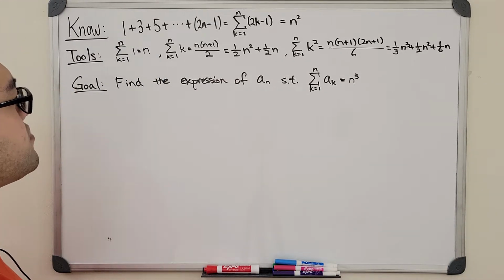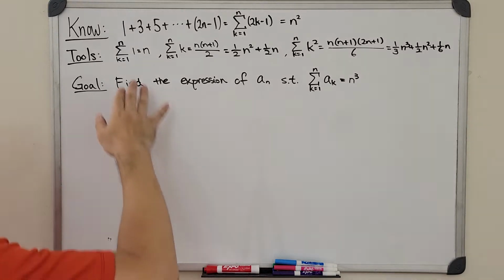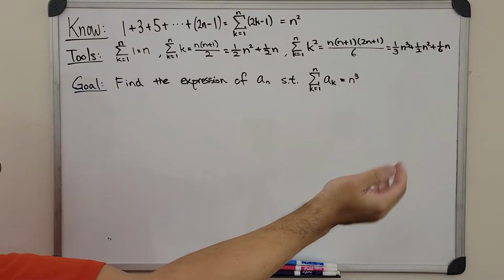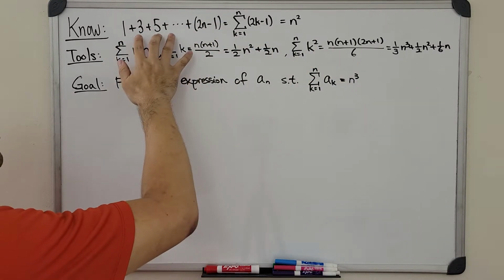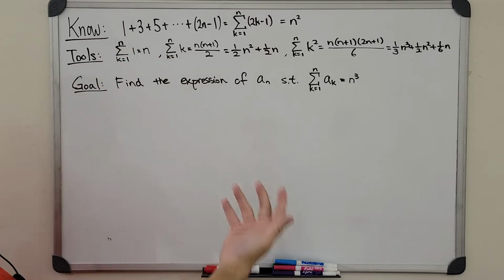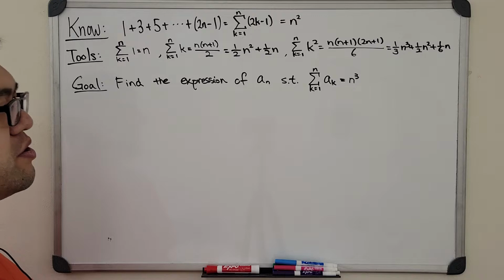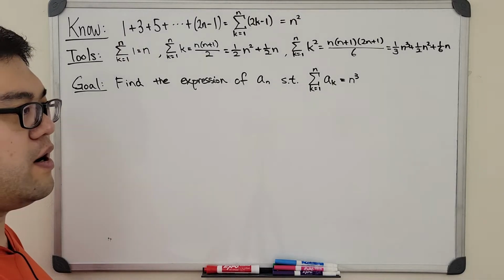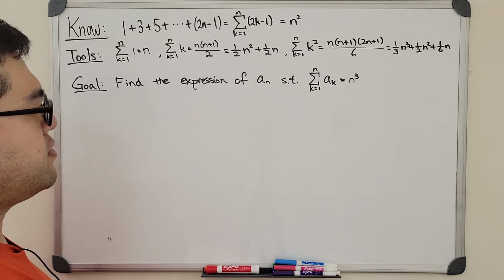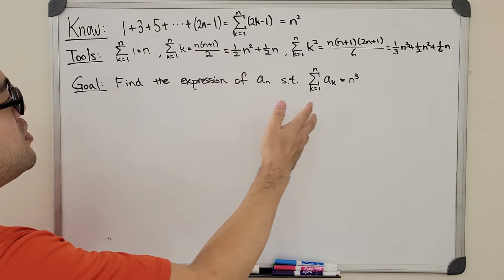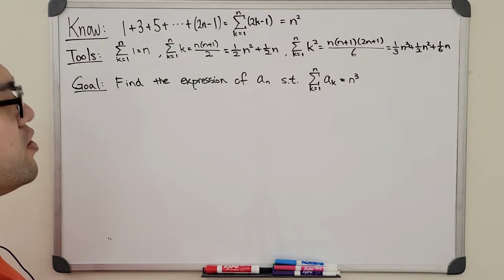All right, and of course we need to follow a few rules. We're only thinking of polynomial expressions. We'll always start off with 1, and we're not going to use any other functions such as the exponential function or logarithmic function in our expression to get some strange values.